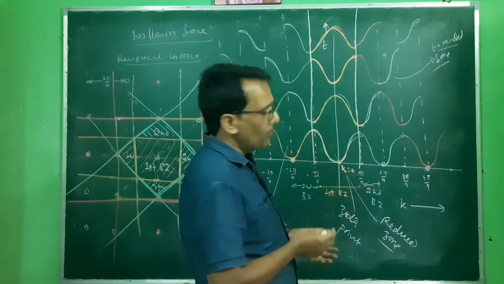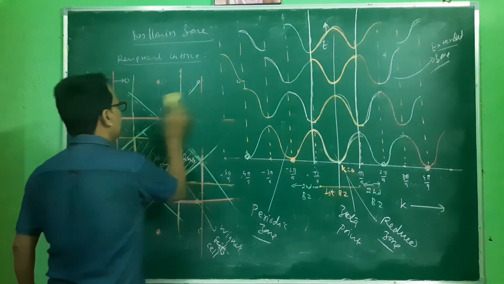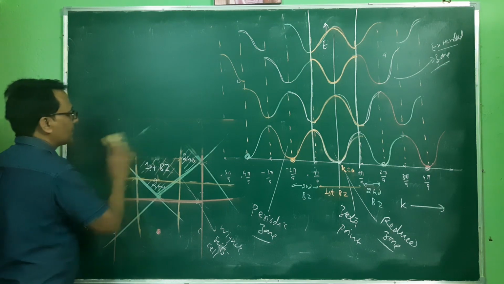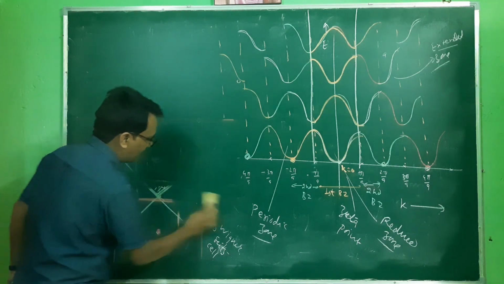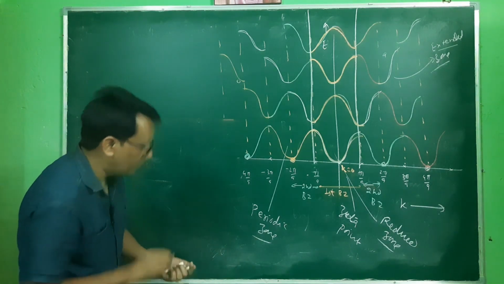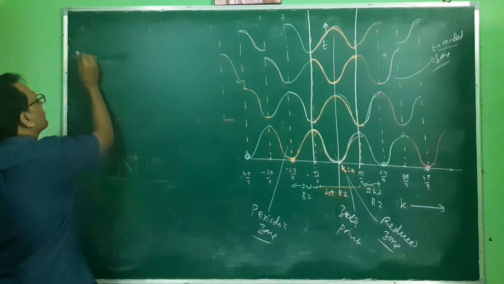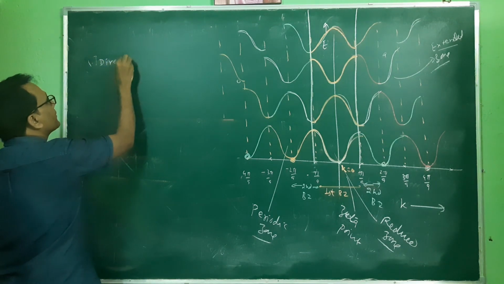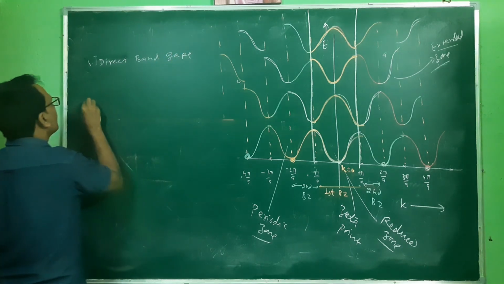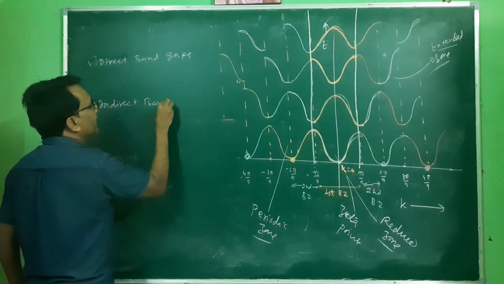One more thing: in some books, the energy band diagrams are classified on the basis of direct and indirect band gap materials. First, the direct band gap material, and second, the indirect band gap material.